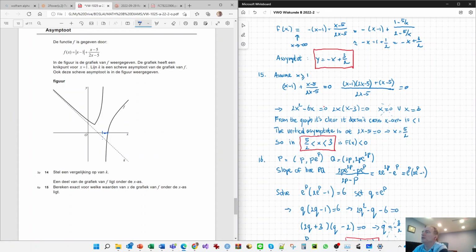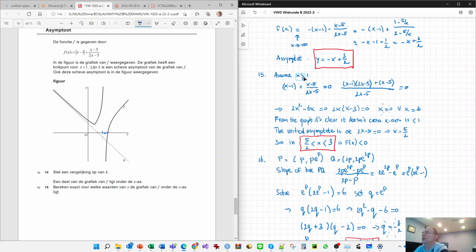Well, we already know that this knick point is exactly when x equals 1. So we already know from the graph that the area where this happens will be where x is larger than 1.